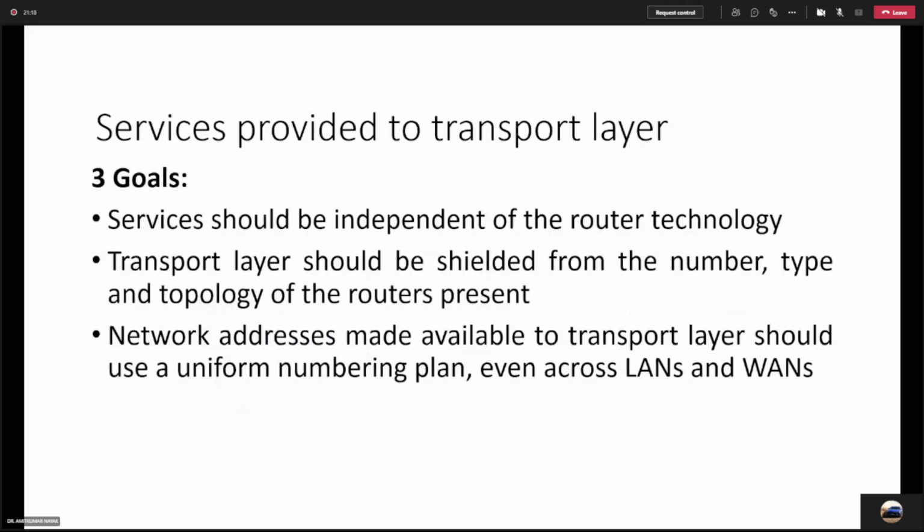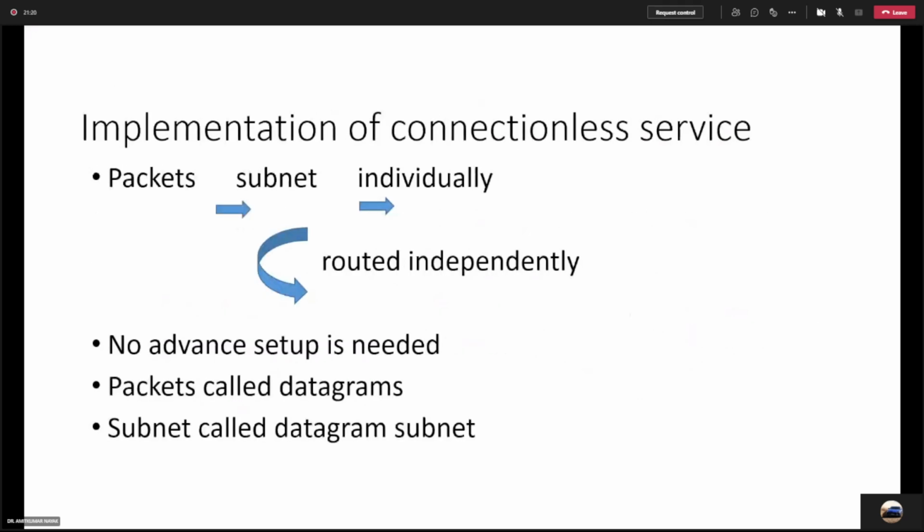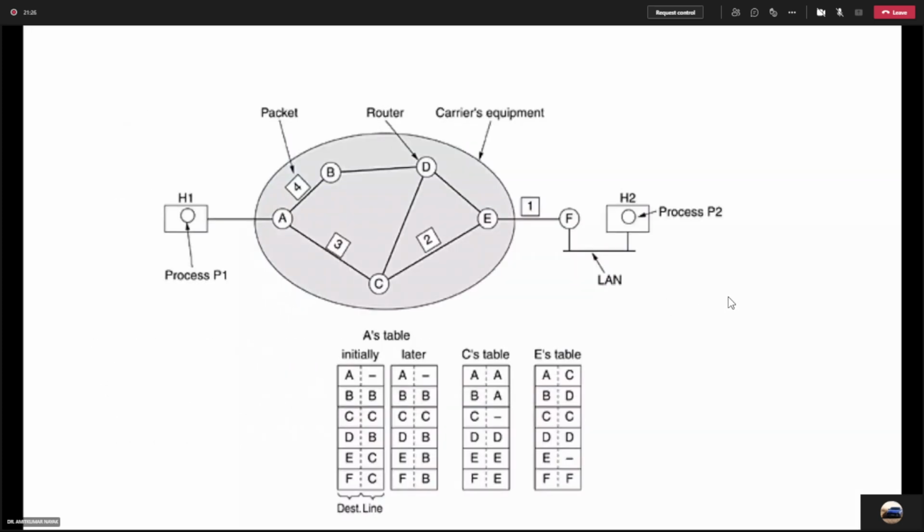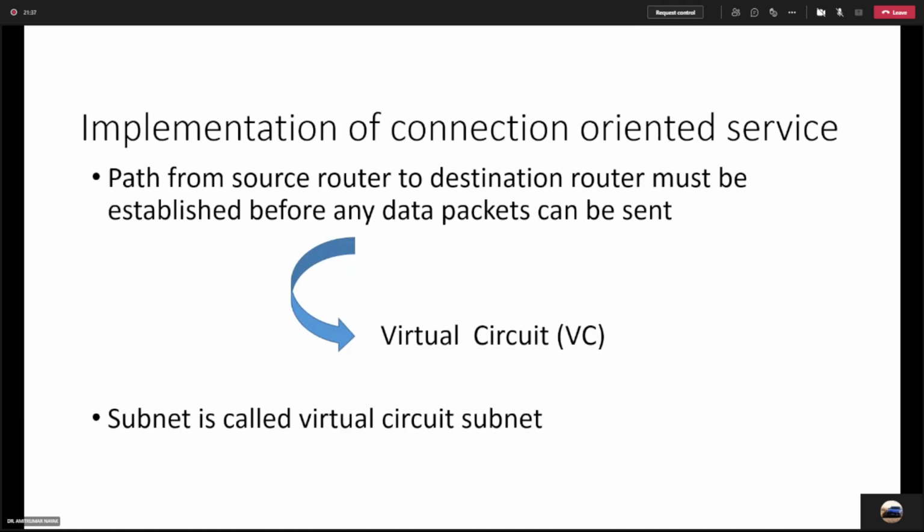In the last session, I think we have discussed up to the difference between connection-less service and connection-oriented service, and we have seen how the packet will be forwarded, how the data is sent from sender to receiver.